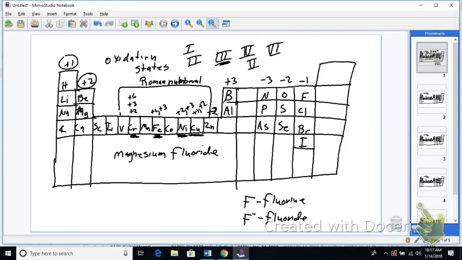So if you see something that has an IDE ending, it's an anion for a nonmetal. So fluorine is called fluoride. Chlorine is called chloride. Nitrogen, what do you think nitrogen is called? It's not called nitroide, it's called nitride.